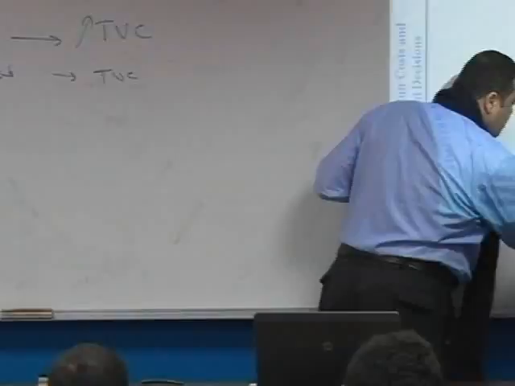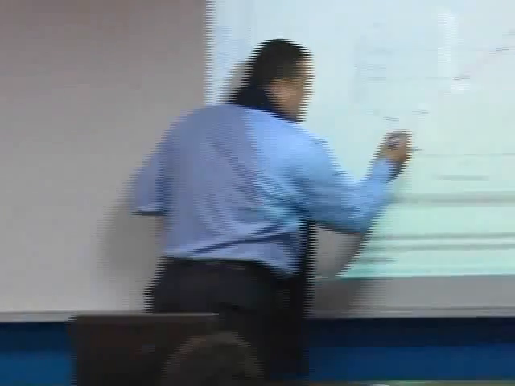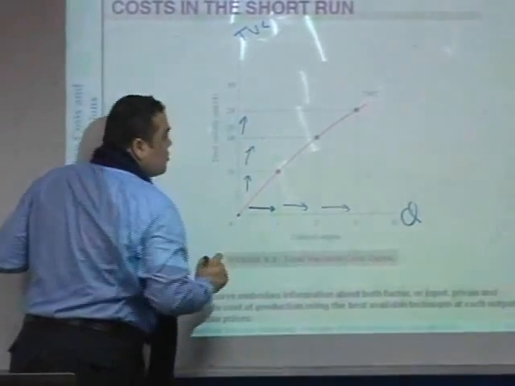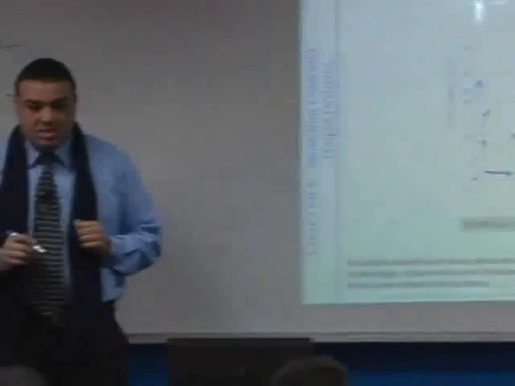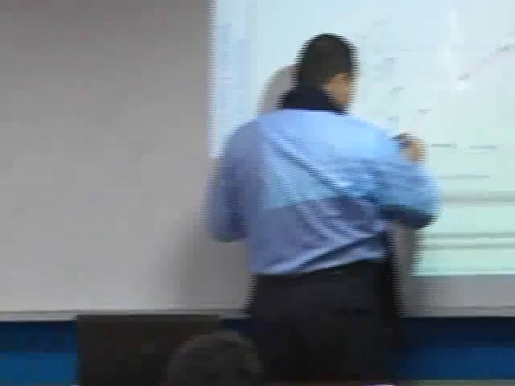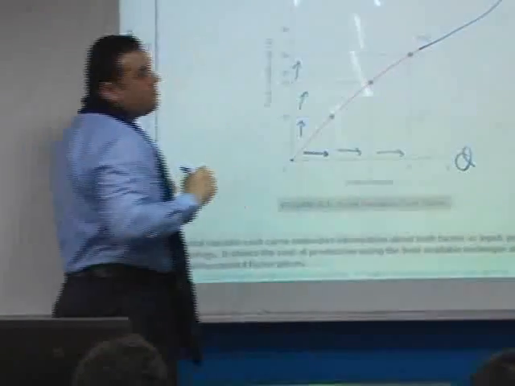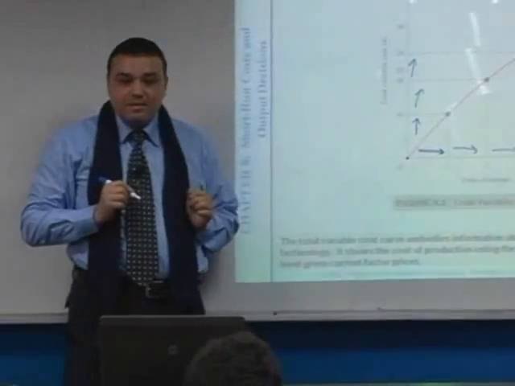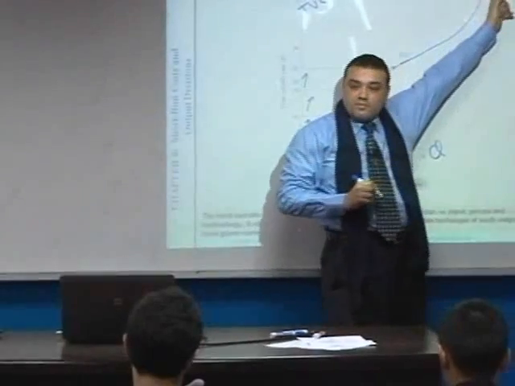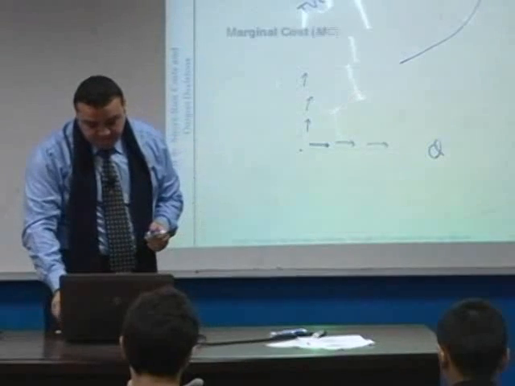If we want to increase our production to 1, we need more TVC, to 2, to 3. So as you see, the total variable cost would increase. And in the long run, it should be like this. This is the total variable cost curve.